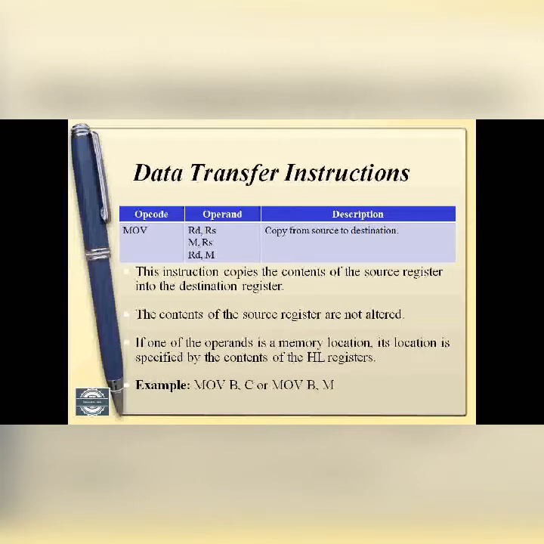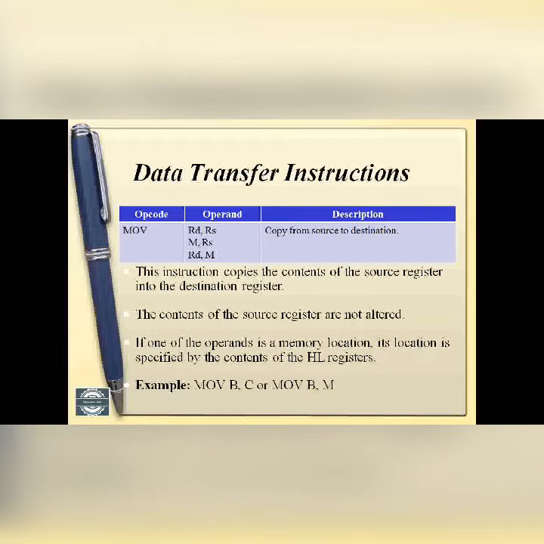So Rs is moved to Rd, Rs moved to memory is the second one, and the third one is memory moved to Rd. You have to remember that the first one gets the value and the second one's value is transferred. That is nothing but MOV.